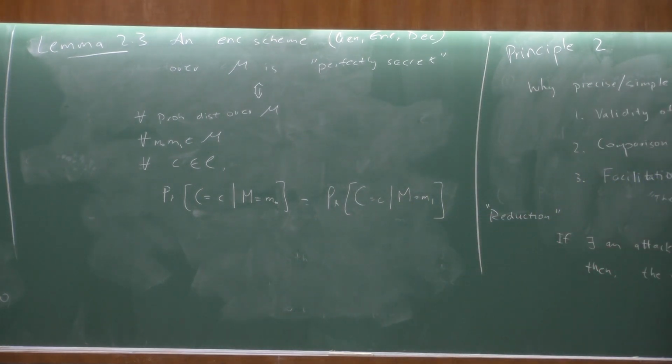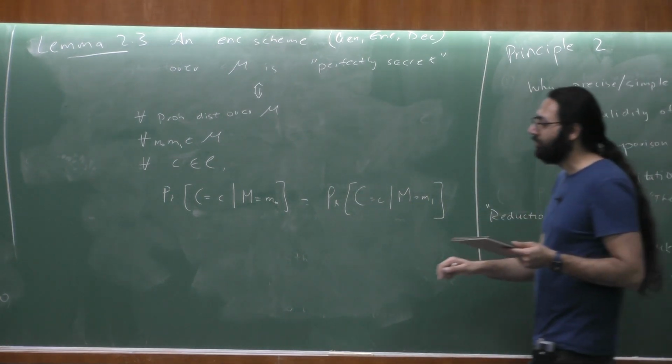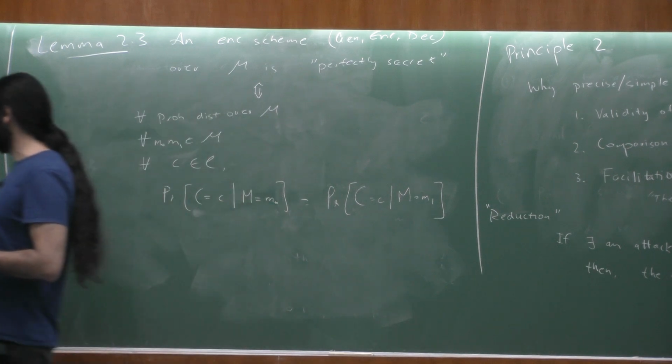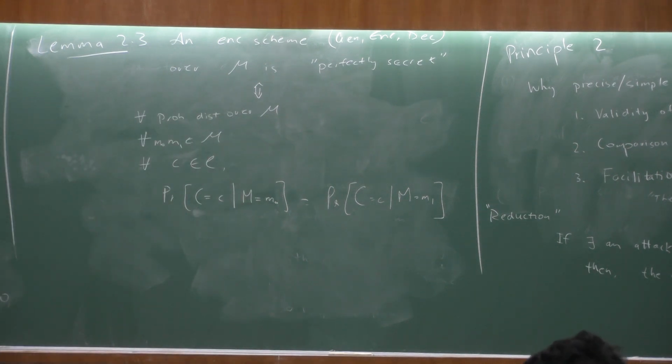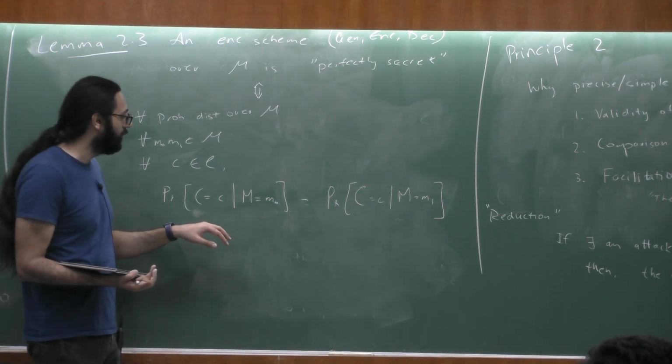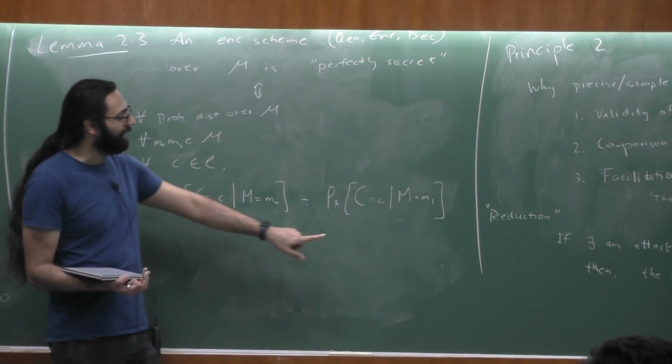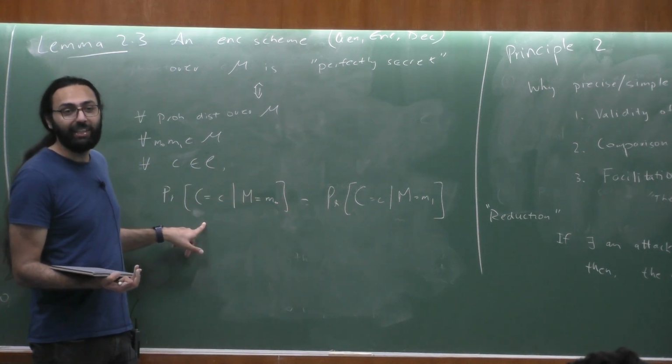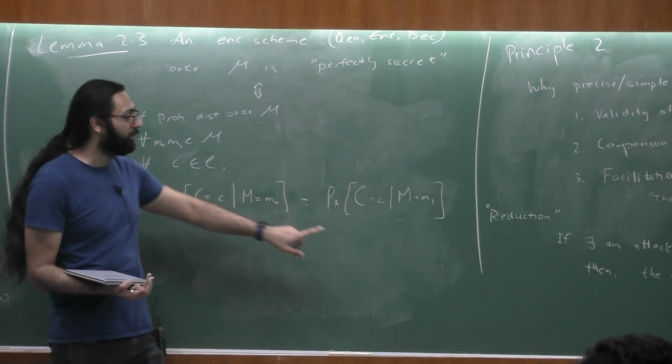In one view, we were mostly concerned about the distribution over the messages. An adversary will have some information about the messages, and that is unaffected by whatever ciphertext is observed. Here we are flipping it on its head, and saying that the distribution over the ciphertexts is identical regardless of which message was encrypted.